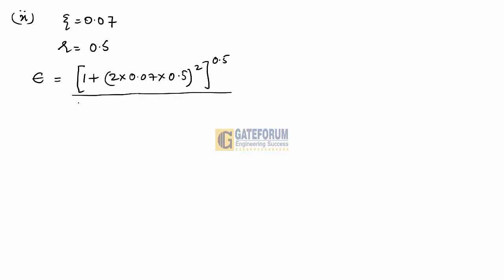So for this case, epsilon is equal to 1 plus 2 into zeta, 0.07, into r, 0.5, whole square, raised to the power of 0.5, divided by 1 minus 0.5 square whole square plus 2 into 0.07 into 0.5 whole square, raised to the power of 0.5. So for number 2, it will be equal to 1.32. So it is increased from 1.18 to 1.32.